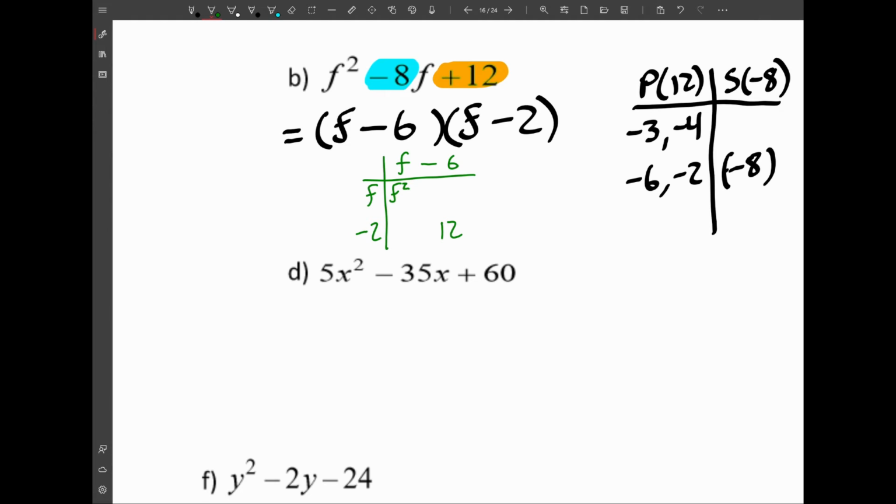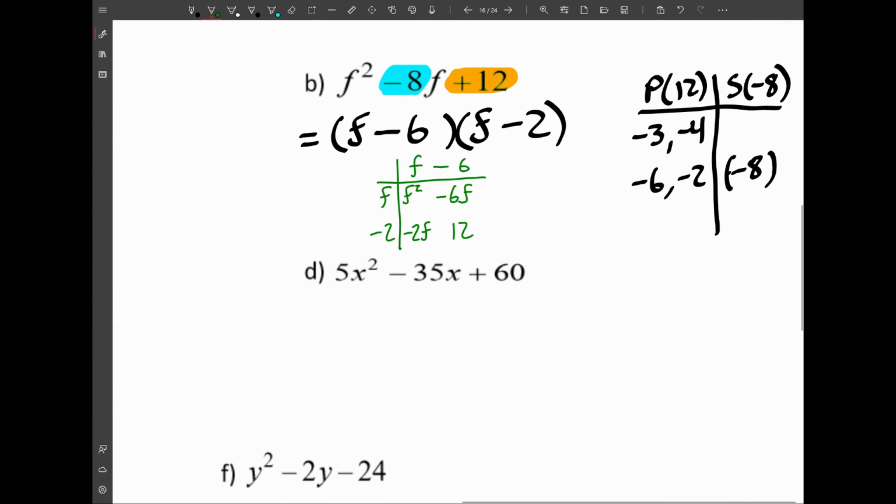F times negative 2 is negative 2f. Negative 6 times f is negative 6f. If I combine these two, that gives me negative 8f. So it all works out. We get our polynomial of f squared minus 8f plus 12. Cha-ching.